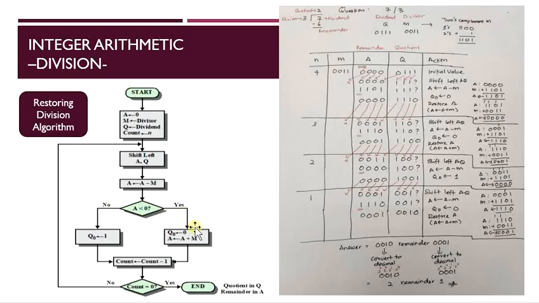When you go to the yes direction, the process you need to do is Q0, you restore with 0, and then you do the addition. After that, you count minus 1. If count is not 0 yet, then you need to repeat the process. If count is 0, then you end the process. So you need to find the video on the restoring division algorithm on how to do this division part.